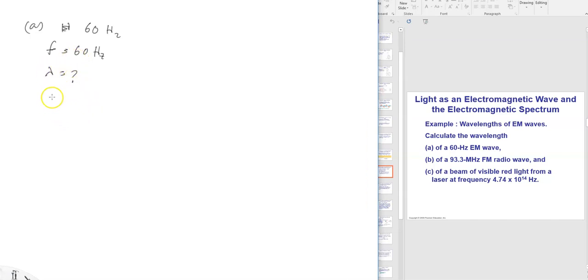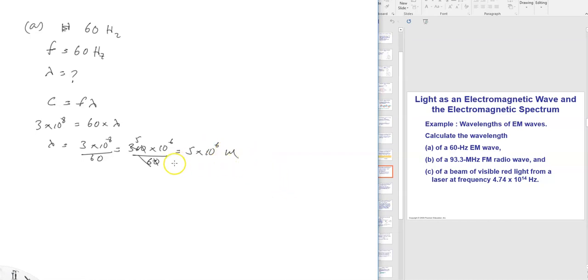So what do we use? We use this equation, c equals f lambda. If it is electromagnetic, we put 3 times 10 to the 8 over here, equals 60 times lambda. So what is lambda? 3 times 10 to the 8 over 60, so 300 times 10 to the 6 over 60, 1, 2, cancels out, 5, so 5 times 10 to the 6 meters.